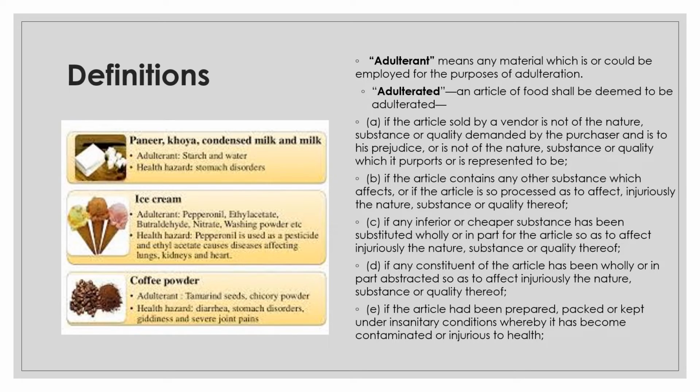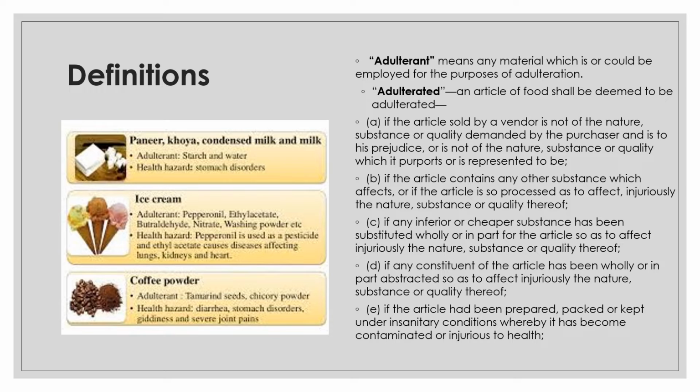Health hazards could be harming lungs, kidneys and heart. Okay, so pepperonyl is used as a pesticide and ethyl acetate causes certain diseases related to heart, kidney and lungs.